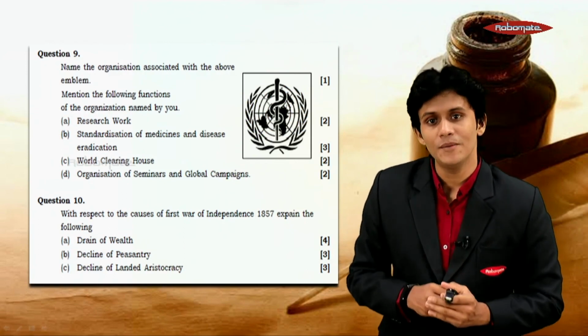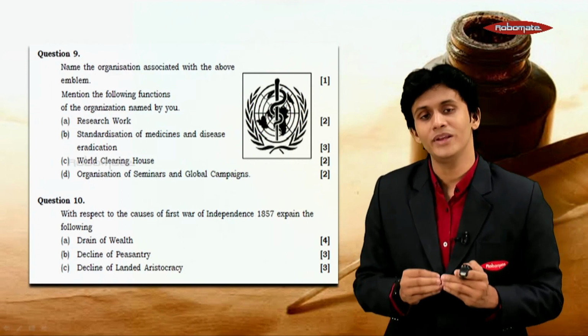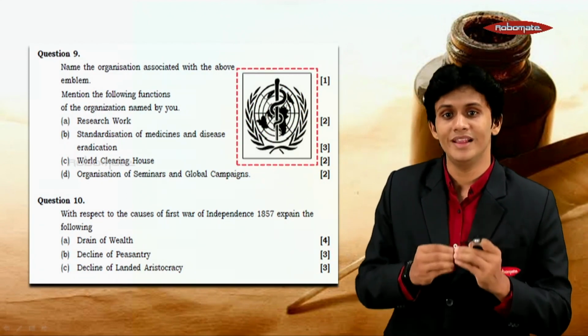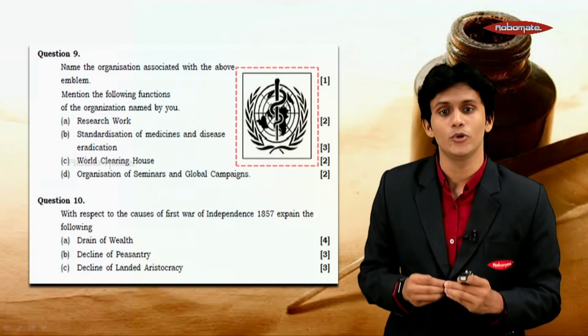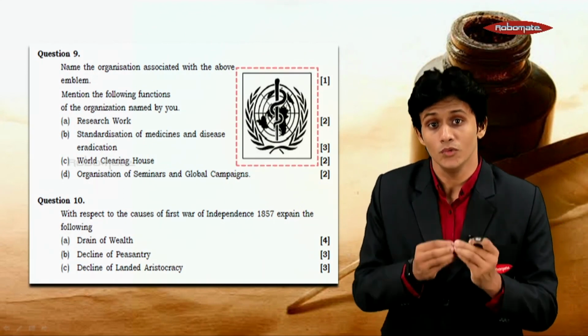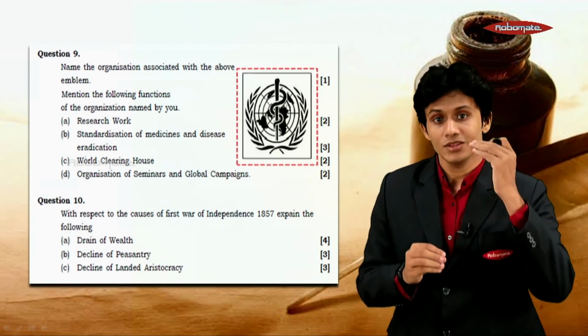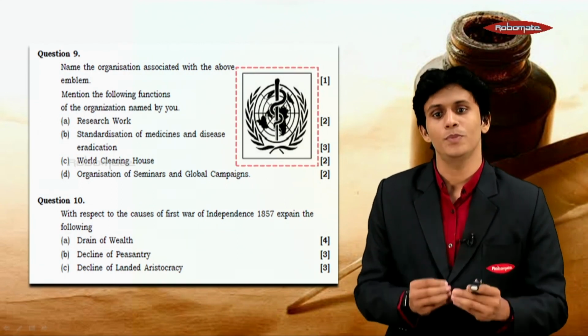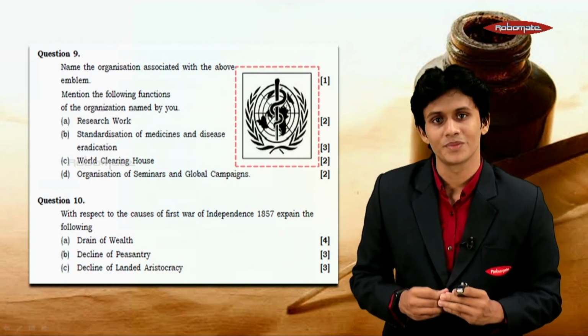Now, one more important example that we have here is question number 9. You need to identify the symbol that is present here. This is basically World Health Organization, and if you observe, this answer alone, that is the name of the organization alone, will fetch you 1 mark. The rest of the marks have been divided into various other functions and working of this particular organization.